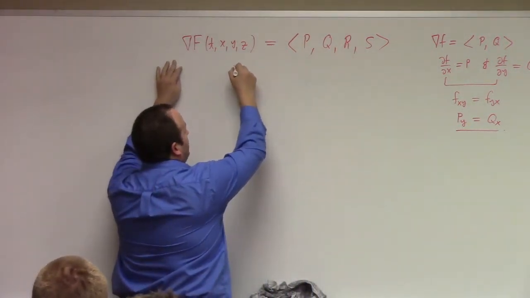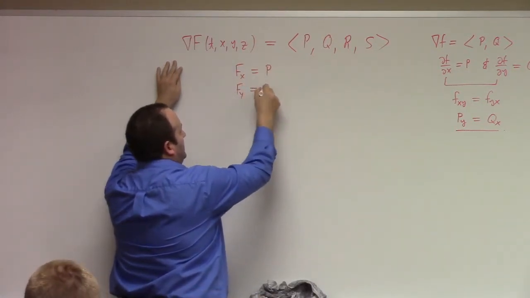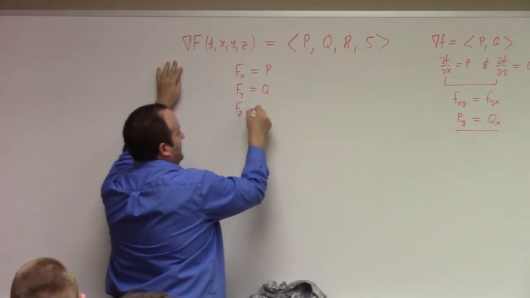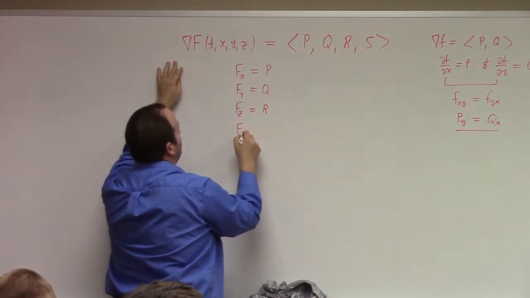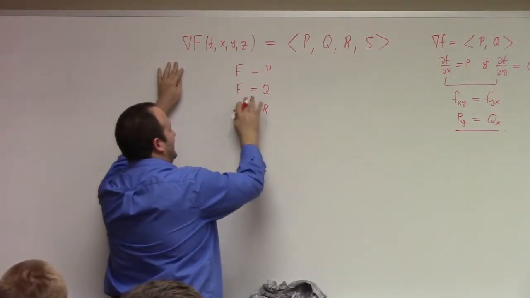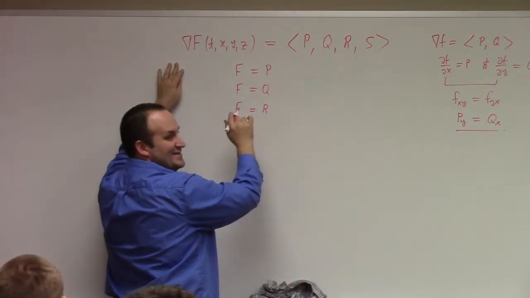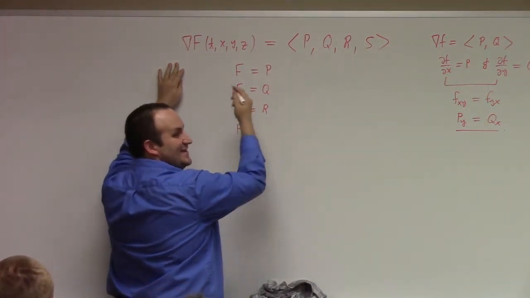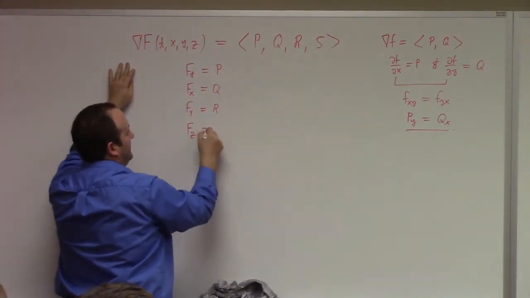I have f_x is equal to P, f_y is equal to Q, f_z is equal to R. Try that again. The first variable is what? T, so I should write t, x, y, z, right?